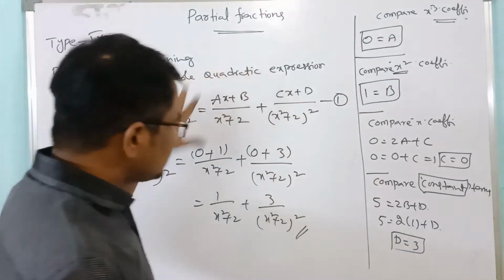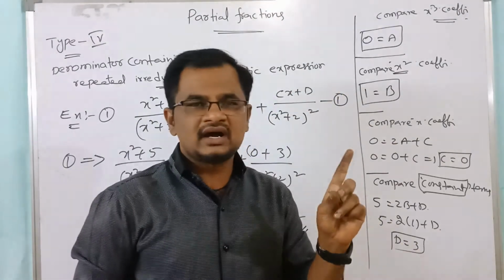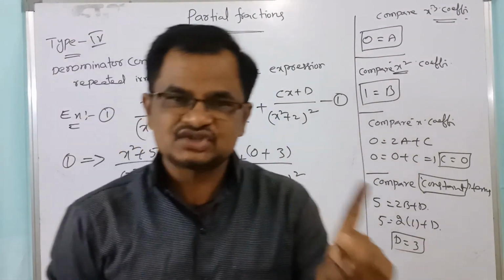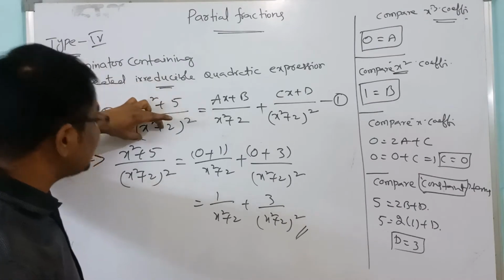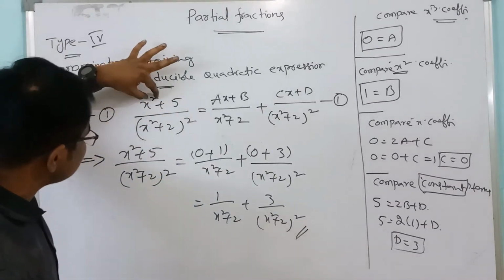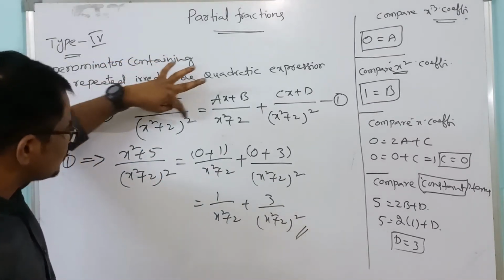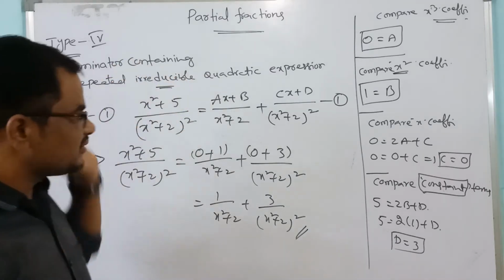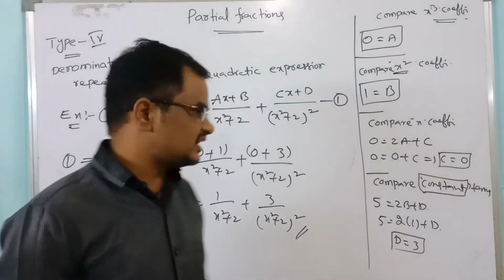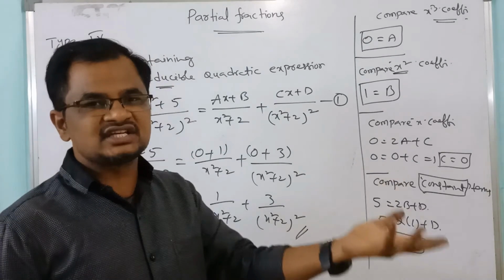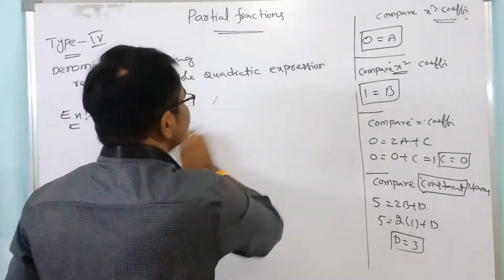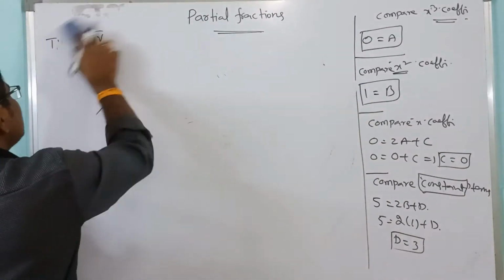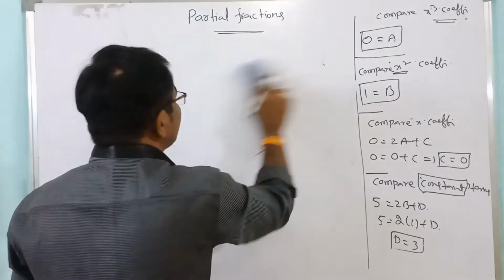So all these 4 methods are for proper fractions only, meaning degree of numerator is less than degree of denominator. Here the degree of numerator is 2, and the degree of denominator is 2 into 2, that is 4, so the degree of numerator is less than the degree of denominator. For an improper fraction, we need a different approach, which is the last one. So these 4 methods belong to proper fractions only.